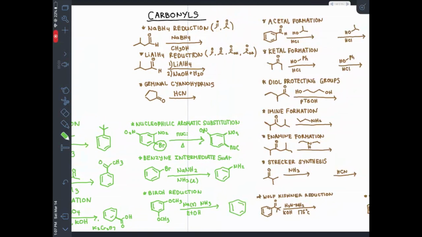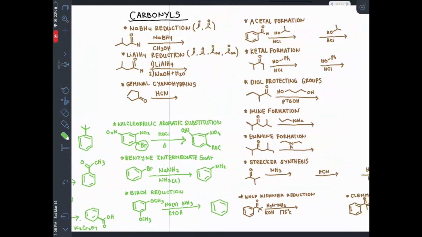Next, we have Birch reduction. Okay, so in the case of Birch reduction, first I'm just going to replace those OCH3s with R groups, okay? And so in this case, the main thing that we're doing is we're going to add hydrogens such that they're ortho and meta to both of the R groups, okay?